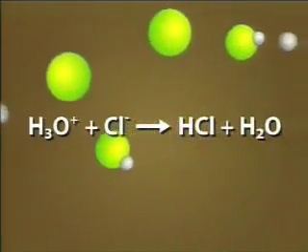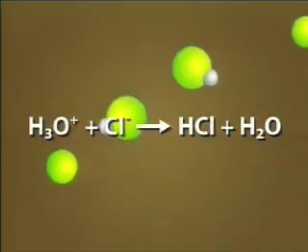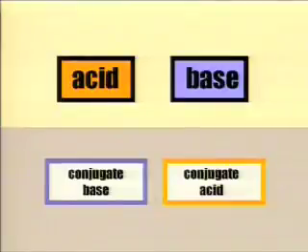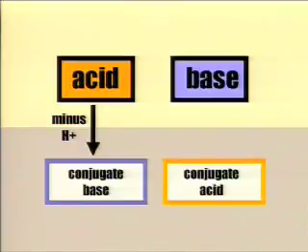In this case, hydronium is the conjugate acid of water. Here's another way of looking at it. Conjugate bases have the same formula as the acid less a hydrogen atom, and a decrease in charge of 1. Conjugate acids have the same formula as the base plus a hydrogen atom, and the charge increases by 1. Easy.